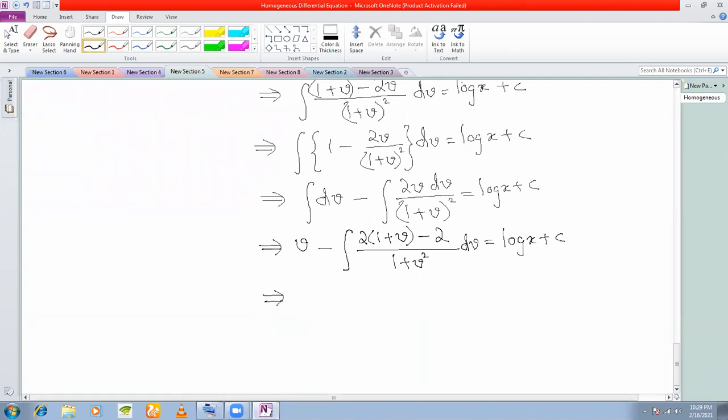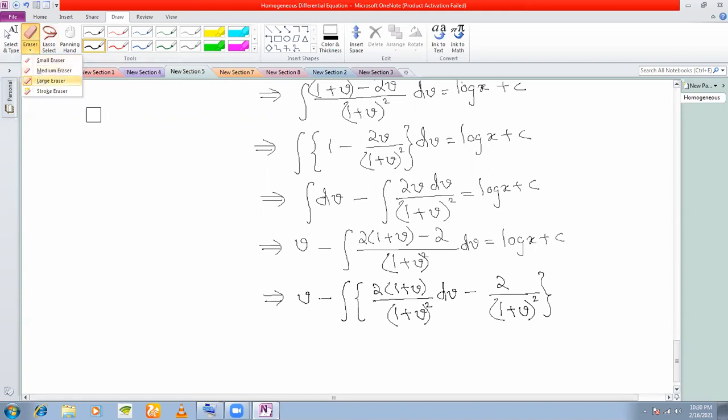Okay, so you have v minus, now again if you separate this, you will get 2(1 + v)/(1 + v)² dv minus 2/(1 + v)², so this is also (1 + v)², and this is minus 2 of (1 + v)², right?